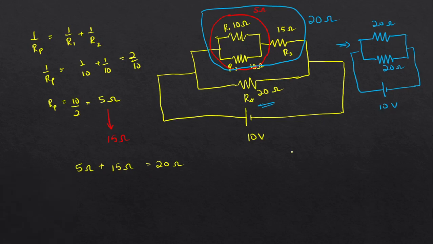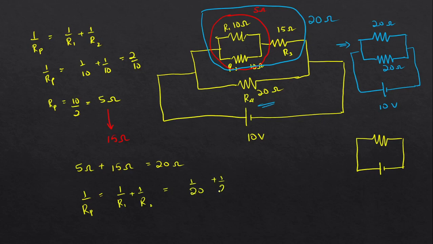If these two are connected in parallel, we can find the total resistance. If I want to write it as a single resistor circuit, I can use 1 by Rp equals 1 by R1 plus 1 by R2. So this will be equal to 1 by 20 plus 1 by 20. 1 by Rp will be equal to 2 by 20.